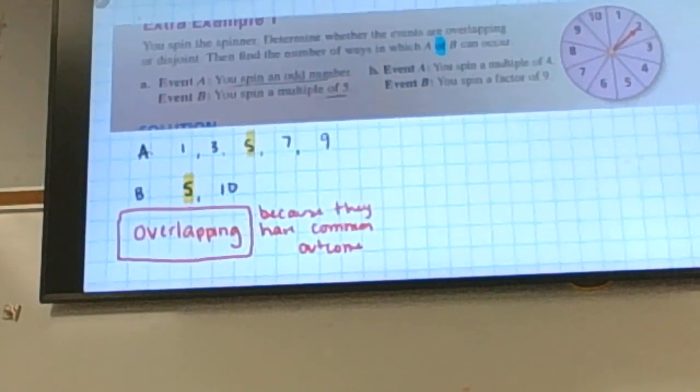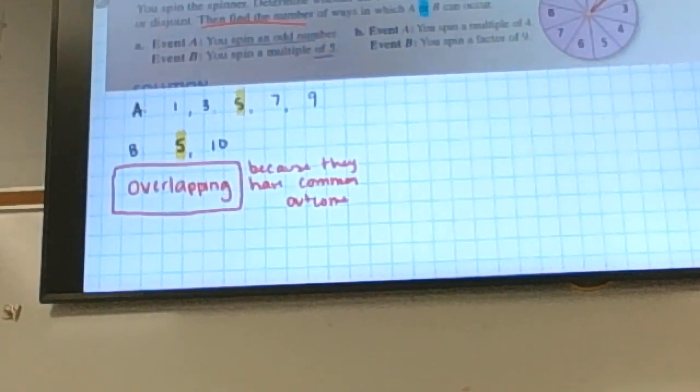This was yesterday's lesson, this word overlapping. And then it says, find the number of ways in which A or B can occur. All you have to do is add up the first one plus the second one and subtract the number they have in common. Add all outcomes together, then subtract the outcomes that both events have in common.